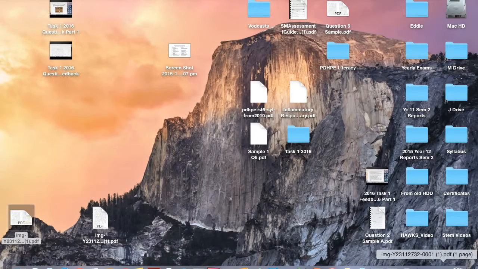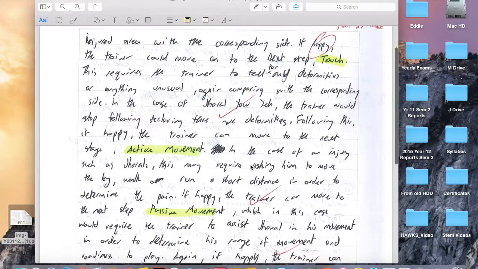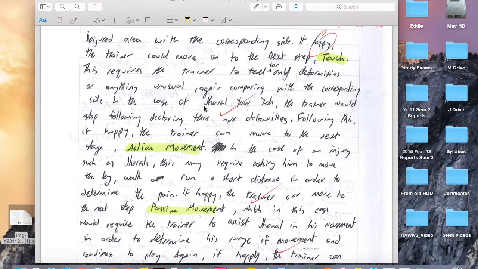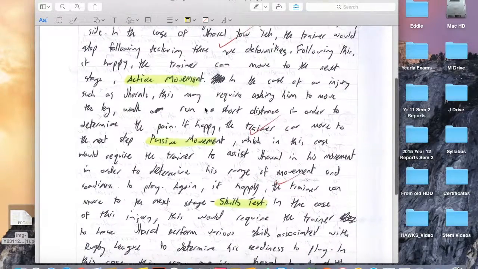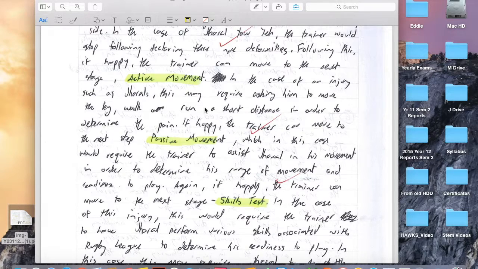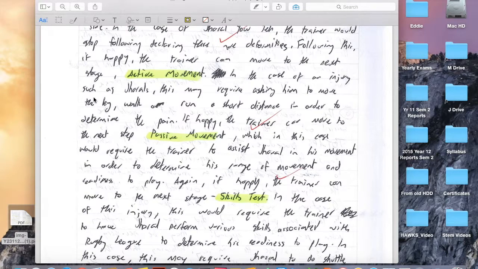If we look at the second part of their response, again they've continued on and continue to show me that they have a deep understanding of the assessment procedure for hard tissue injuries, the toe taps, and they've gone through each of those, and made it again specific to Jarrell's situation using the stimulus. Again, you can see the example.